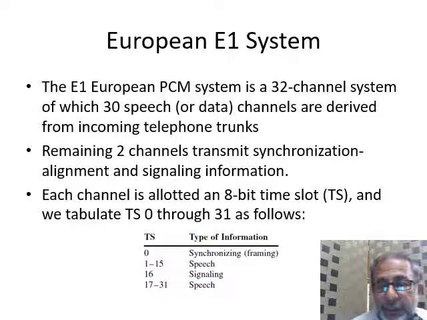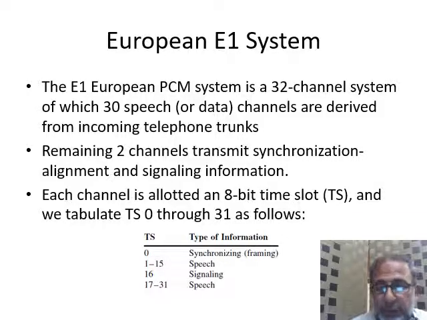Each channel is allocated an 8-bit time slot, and they are tabulated as shown below. We start from 0 and go to 31. The 0th time slot is used for synchronizing or framing. From 1 to 15 it is used for speech.